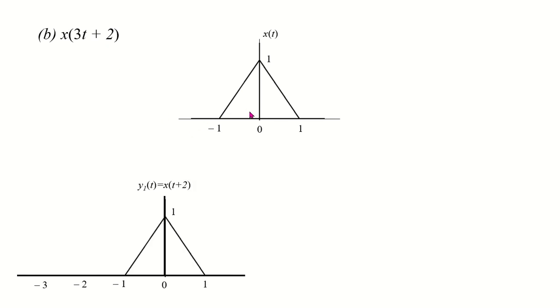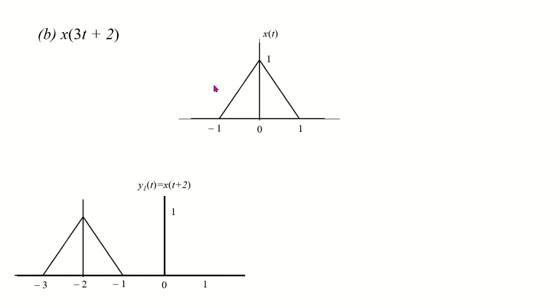So if this is the original signal xt, we first shift the signal by +2. Let's call the signal y1t, which represents the shifted signal xt by a factor of +2. A +2 factor means that this original waveform, which is again drawn here, will be shifted towards the left by 2 units, like this.